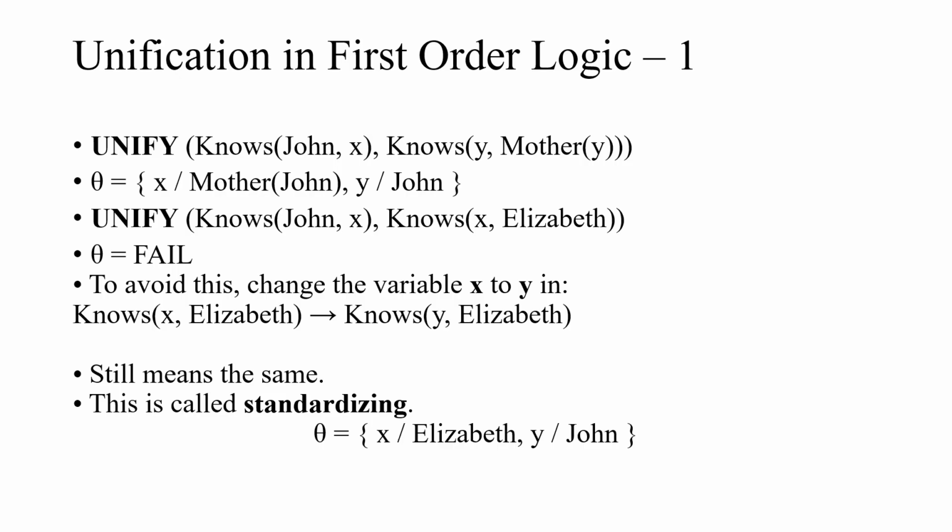Here we cannot store two names, because John is a different name and Elizabeth is a different name, but x is only one variable. So it is only possible to store any one of the names, so the condition should fail.